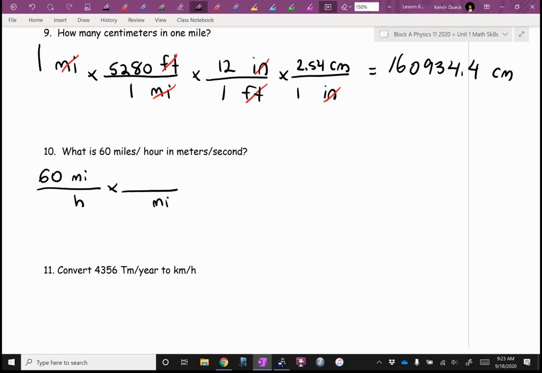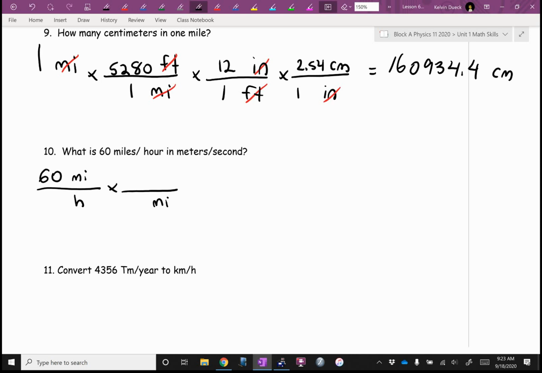What can I change miles into? Now, I could look at that chart that I gave you, and I could say 5,200 feet. But what did we just figure out in number 9? Why don't I go from miles to centimeters and then from centimeters to meters? Because I think I can do that in 2 steps without having to rebuild that chain.